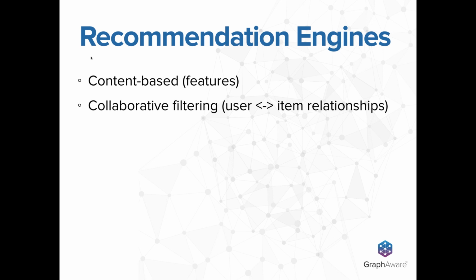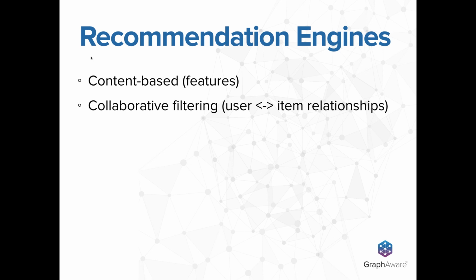If we look at the literature around recommendation engines and blog posts that are published, there are typically two kinds of recommendation engines people are talking about. The first kind is so-called content-based recommendations, which are based around features of the items that we're trying to recommend. It could be the genre of a movie, or the category in which an item is being sold, and so on.